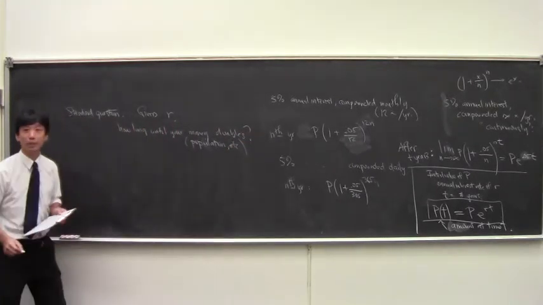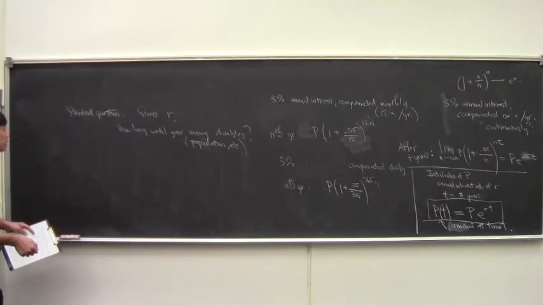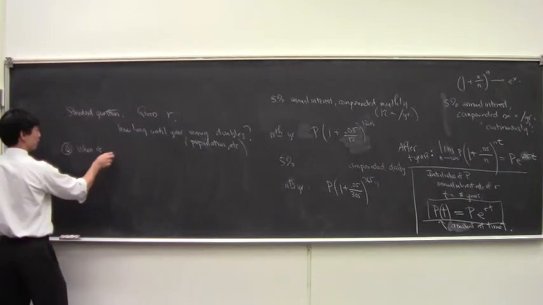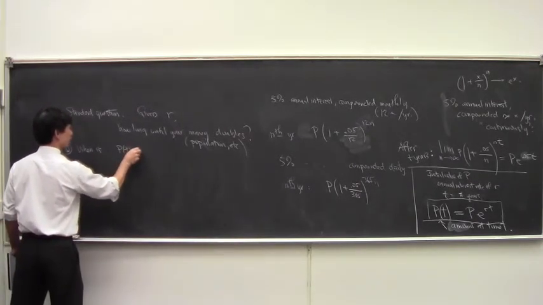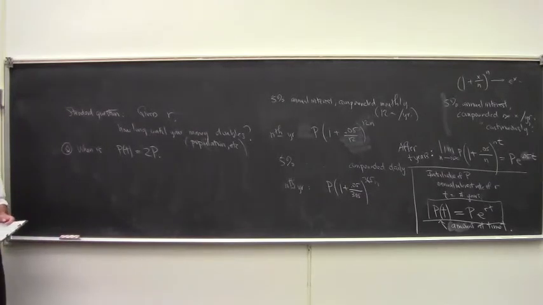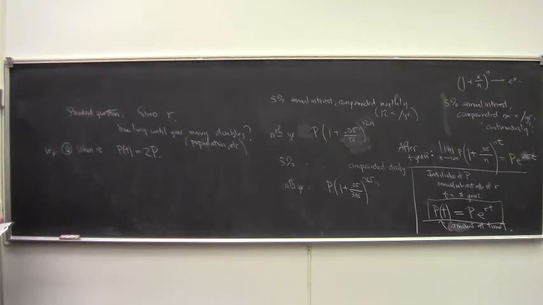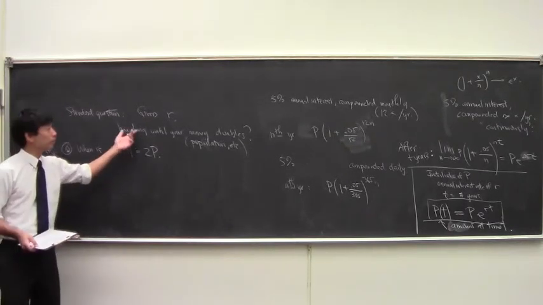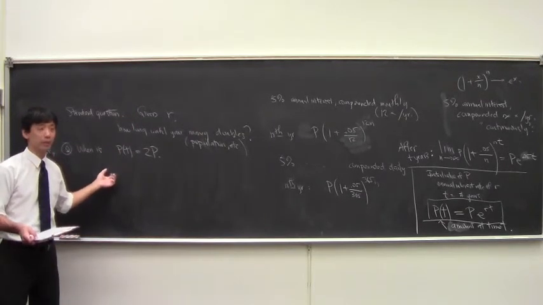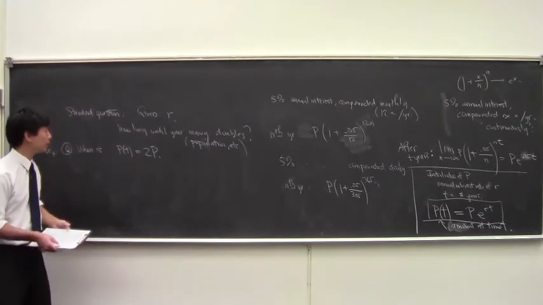The question turns into, when is P of t twice your initial value? If you know the interest rate, when is your money going to double? It will double eventually, right? Because you're multiplying by 1 plus something, and it's going to double. When is it going to double?